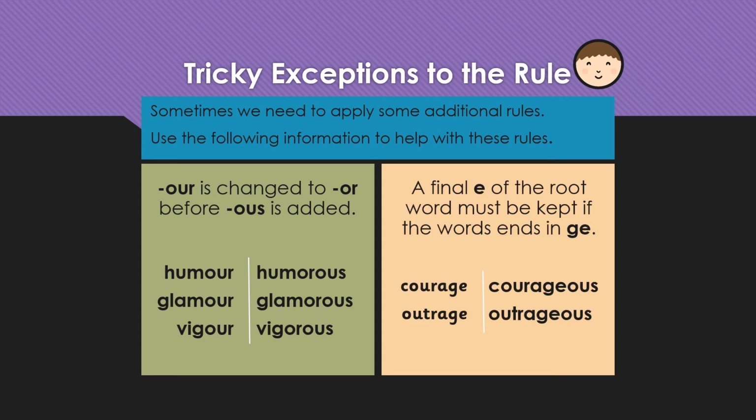A final E of the root word must be kept if the word ends in GE. So courage ends in the letters GE, and outrage ends in the letters GE. Therefore, they become courageous and outrageous as the GE stays and you add OUS.